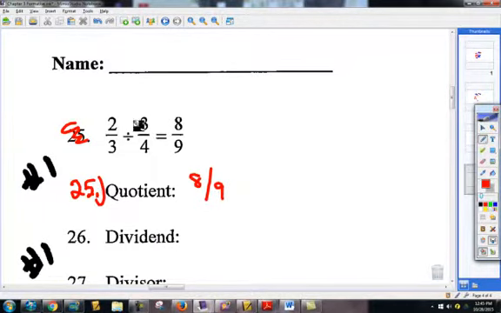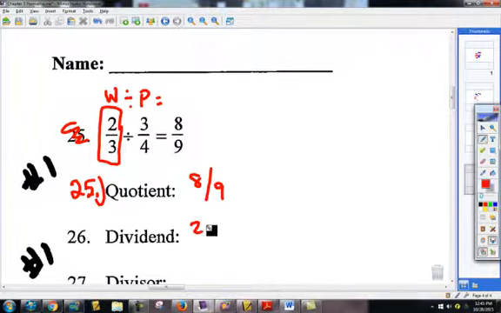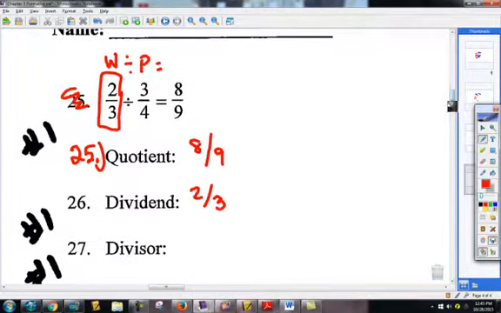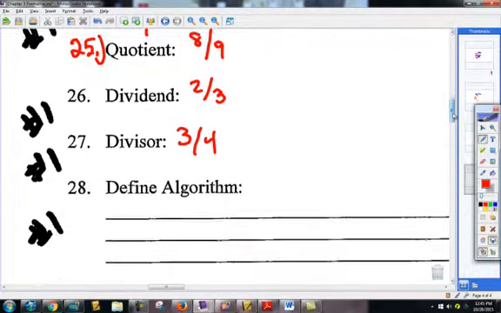The dividend is the number that's being divided, the whole, so that must be 2/3. And finally, the divisor is the one that's doing the dividing. That's going to be 3/4. So if you didn't have those right, please fill them in. But that's pretty standard as far as everything we've covered. I would think you guys know what dividend, divisor, and quotient are by now.